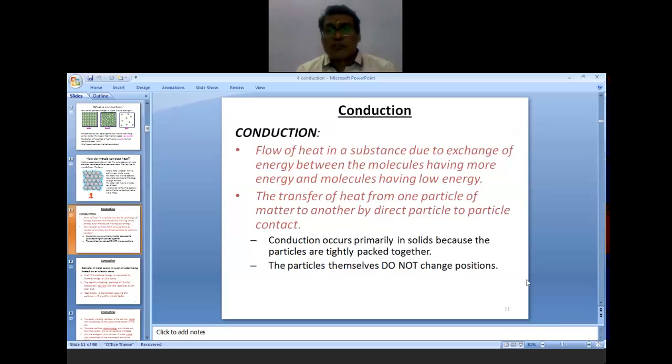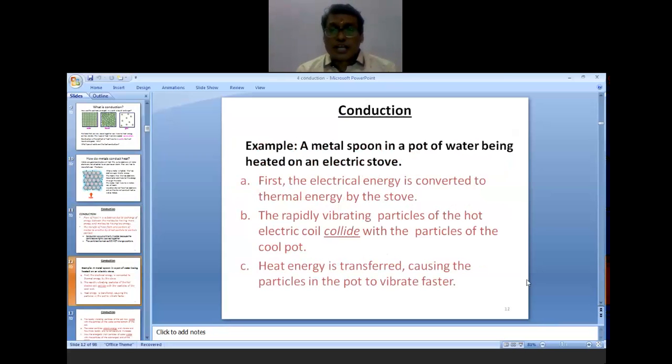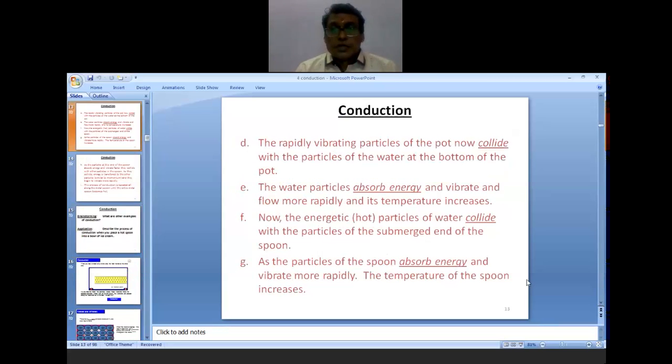So this is the transfer of heat from one particle of matter to another by direct particle to particle contact. When the molecules vibrate, they have direct contact between them, which is possible in the case of solids. The rapidly vibrating particles absorb the energy and collide with each other.